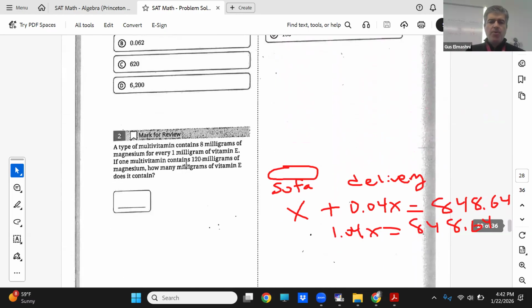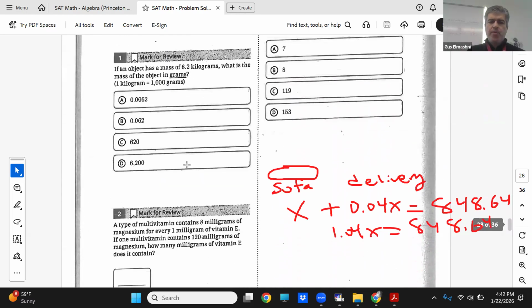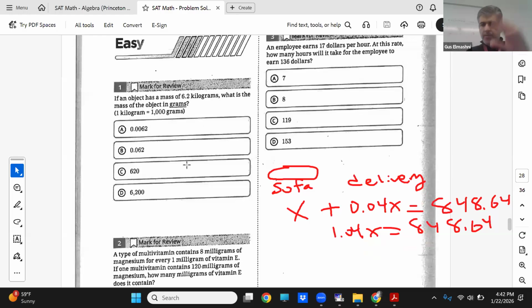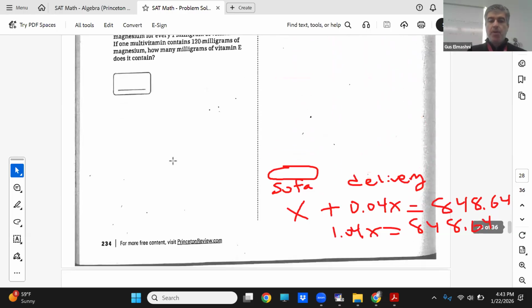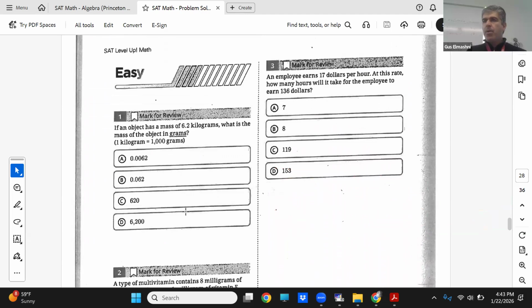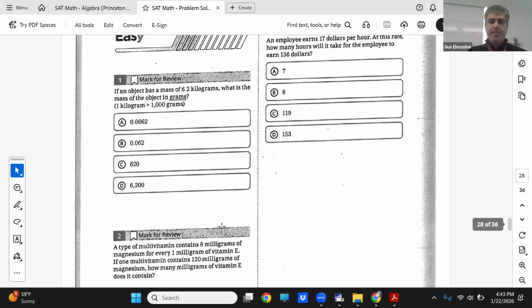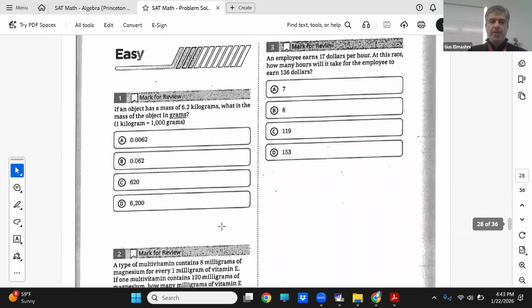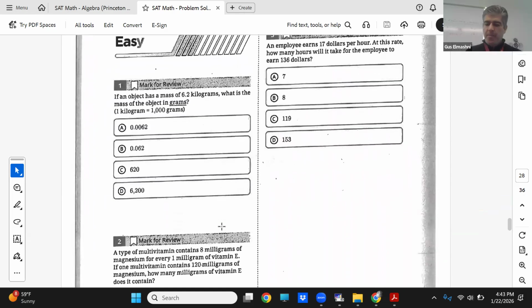Why don't you guys just try all three problems on page 234 on your own, or you could work with your elbow partner. I'm just kind of curious how you do with this one.